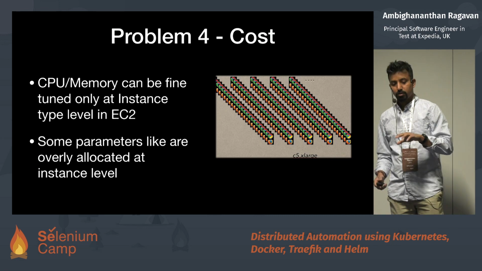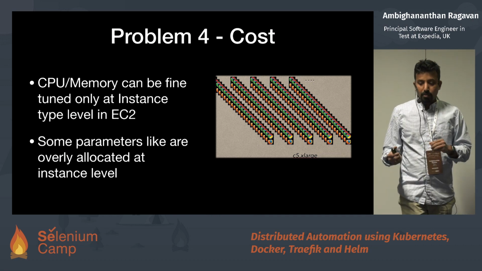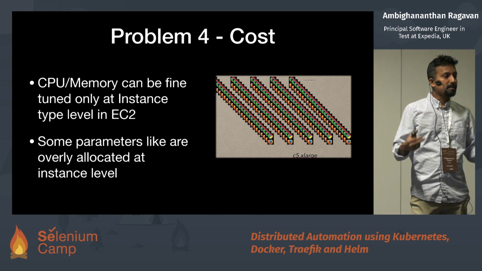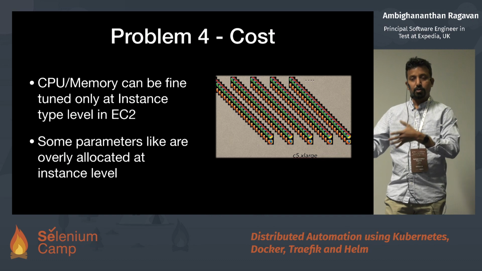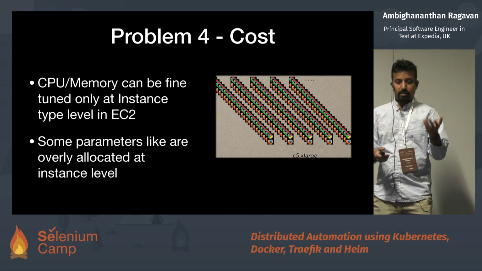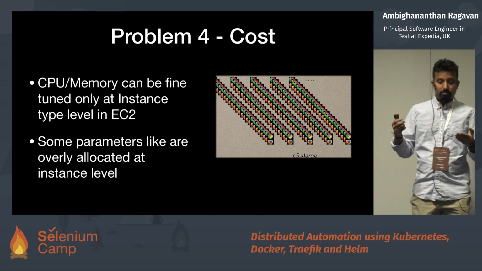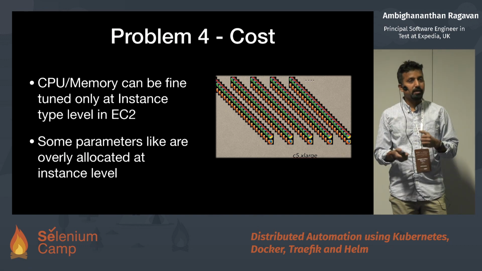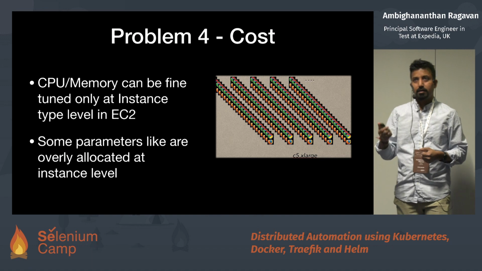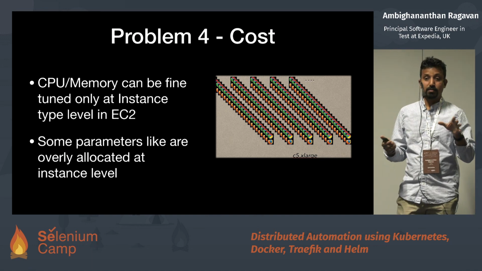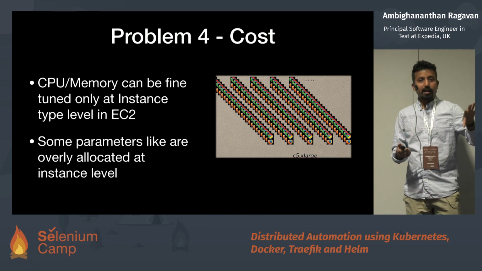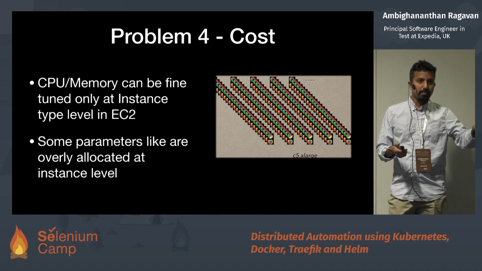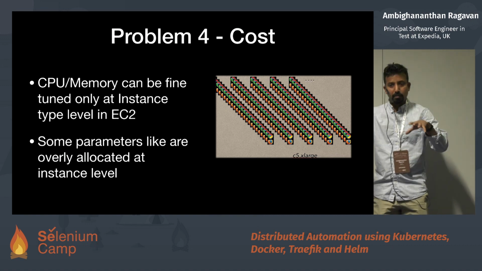Problem 4: cost. CPU and memory can be fine-tuned only at instance level when you use pure EC2, as opposed to containers. For example, parameters like CPU and memory are overly allocated at instance level. If I use a C5 large AWS instance for a hub, I know that it doesn't use all the CPU in that box, but it might use a bit more memory.